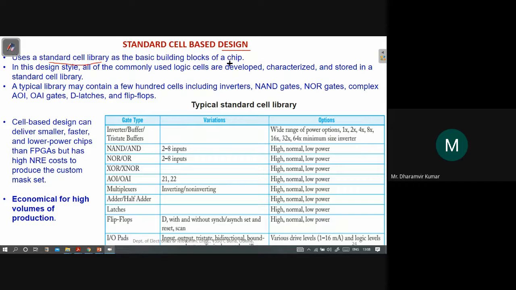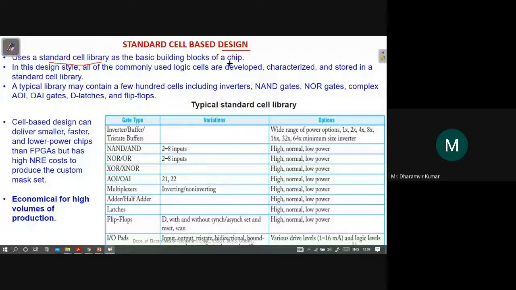But anyways, a standard cell library will contain sufficiently all those components in an optimized form. Otherwise, if the library is not there, whatever is available, you have to pick up those components and design your circuit.